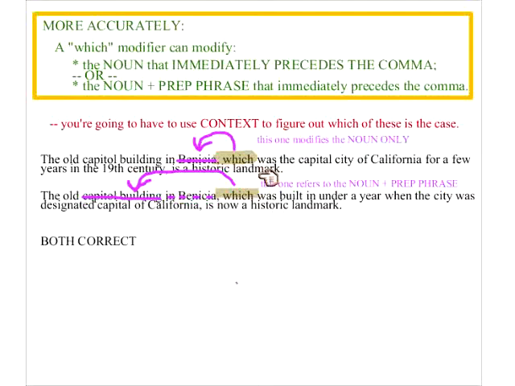Okay. Now, just a quick review. I think most of you know this stuff already, so we'll blaze through this really quickly. But let's talk about how not to use a which modifier. As usual, spoken language is not the same thing as written language.